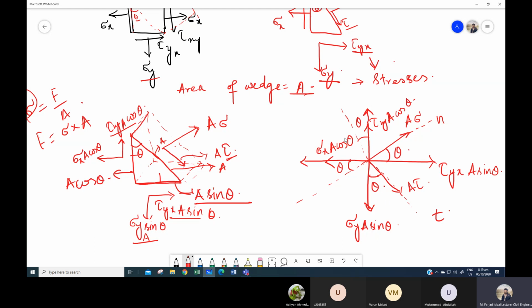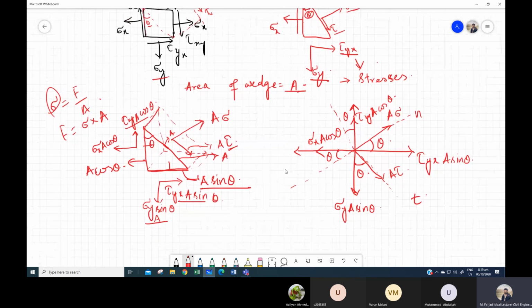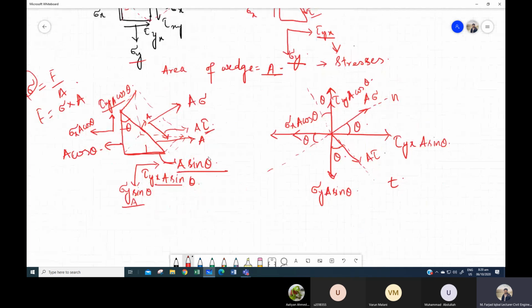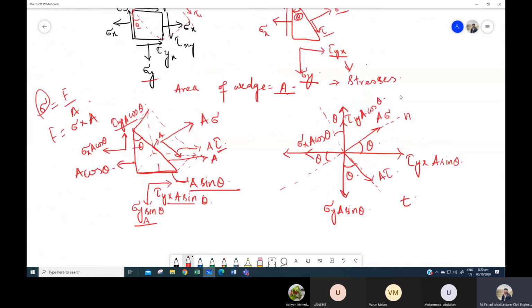So now we have represented all the forces that are acting on this wedge element on these two axes, the N and T axes. Now, is there any confusion about this one? If you have any question, you can ask me now, because this is very important and the whole derivation is based on these four diagrams. If you have any question about these four, you can ask me now.